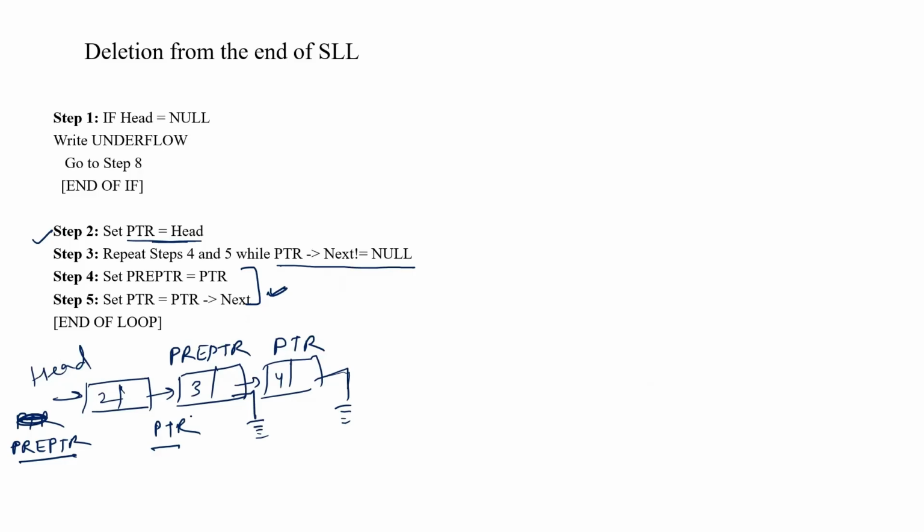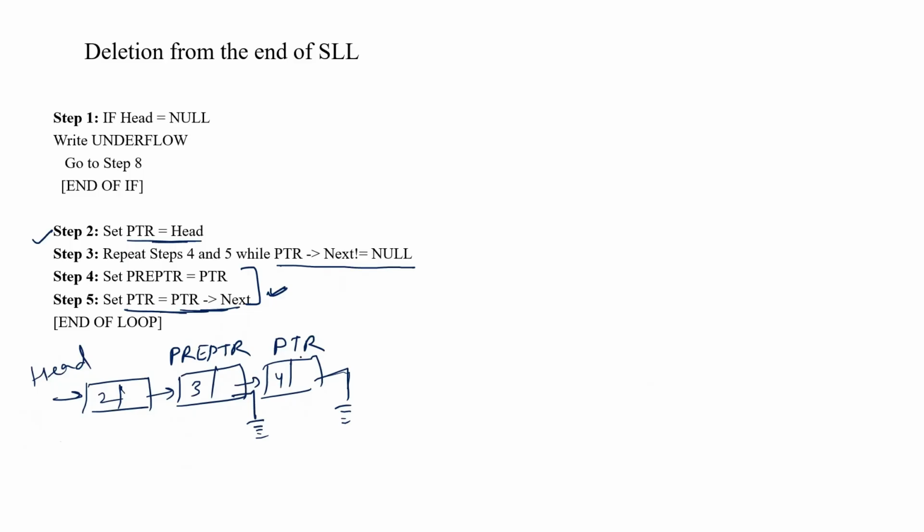If we do it one more time, step number 4 is pre-PTR is equal to PTR. Both are the same now. But if you do step number 5, PTR will shift one more step forward. Finally, PTR and pre-PTR will come on 3 and 4 respectively. Finally, 3 is your pre-PTR and 4 is your PTR.